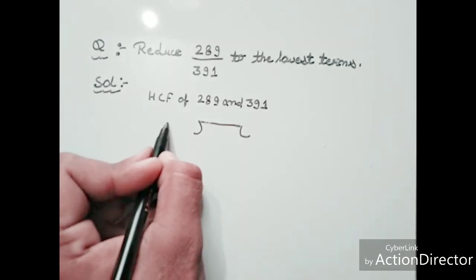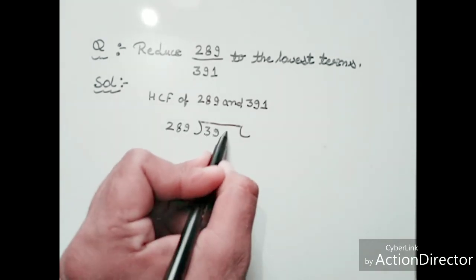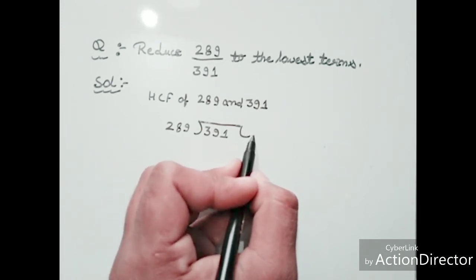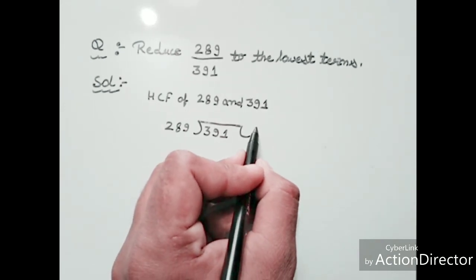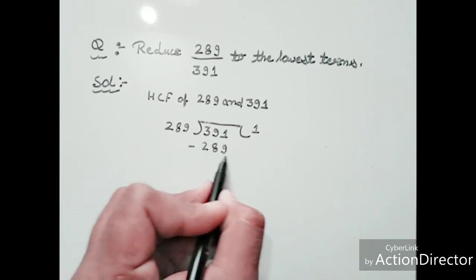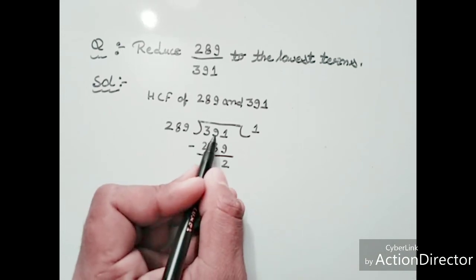So here we take 289 as a divisor and 391 as dividend. So 289 divides 391 in 1 time. So 289. 11 minus 9 is 2, then 8 is left here.